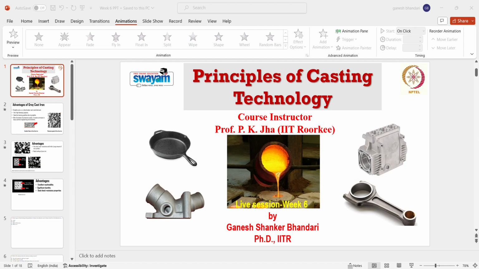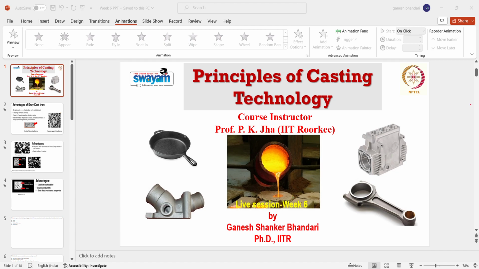So these are known as malleable cast irons. Graphite flakes are not going to form inside these types of cast iron, because we are going with very rapid cooling, so we are not providing the time for carbon to diffuse out of the structure.